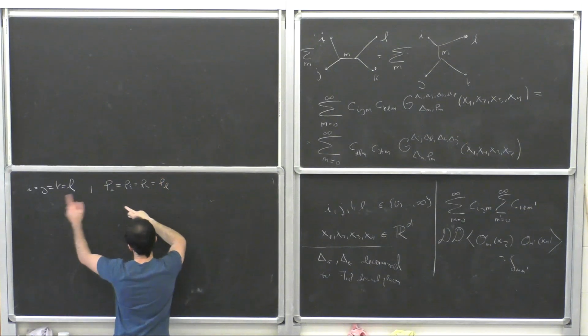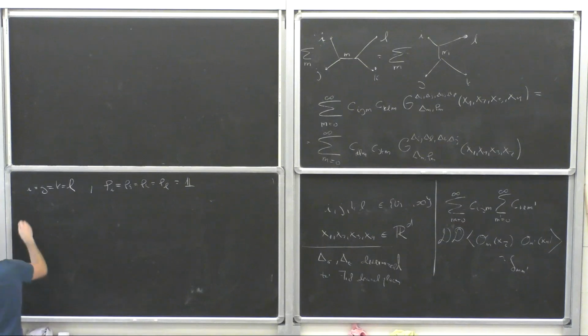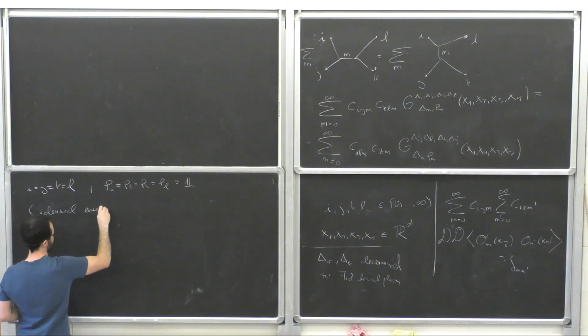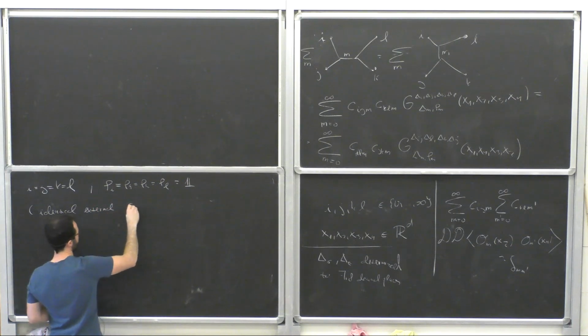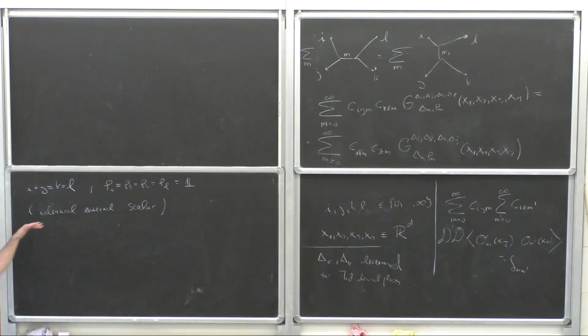Of course, this follows from that, and it's just a trivial representation. So in other words, identical external scalars, because many of the features of the general story are already transparent in this case.